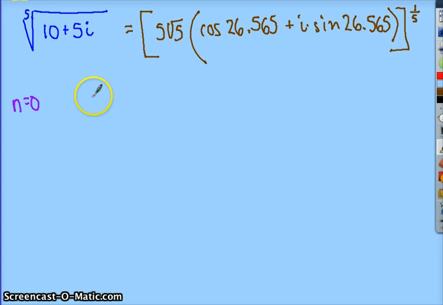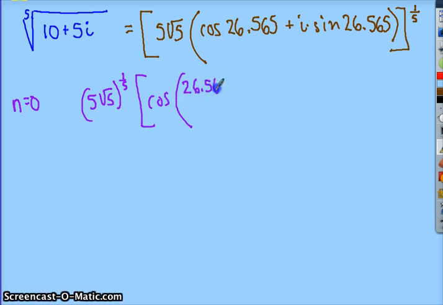So if I want to find the first root when n equals 0, okay, if we're going to write all of this out, I want to find the fifth root of 5 root 5, all right, times the cosine of our theta plus 360 times n. All right?